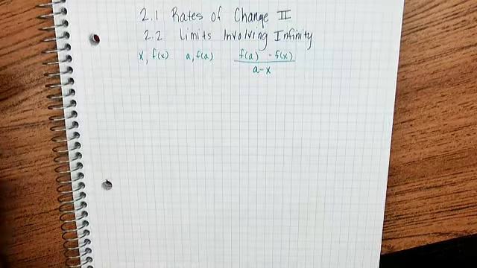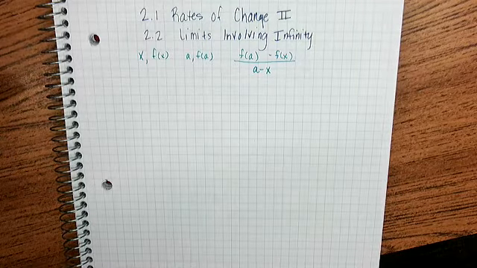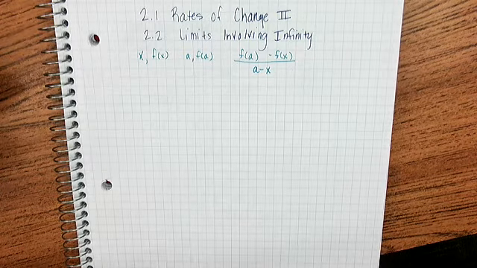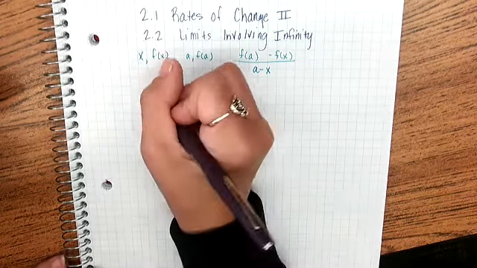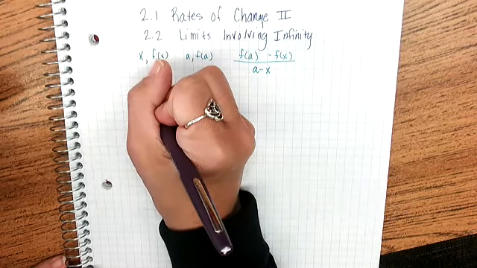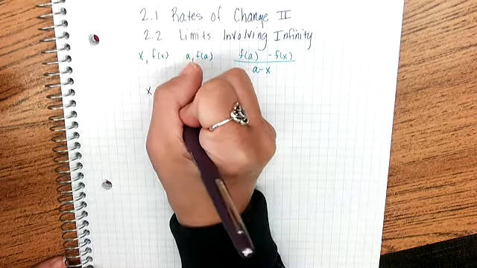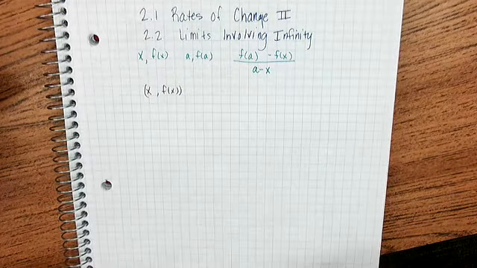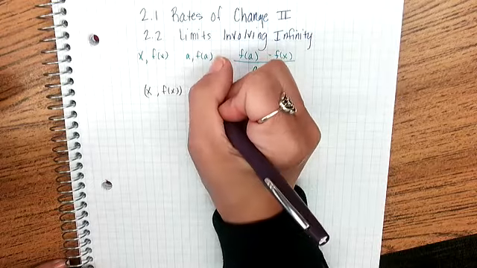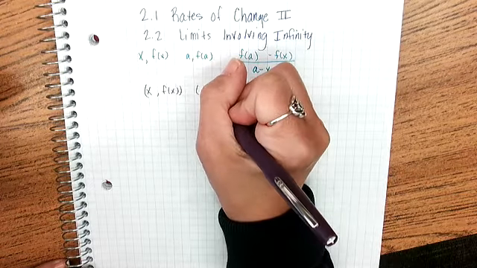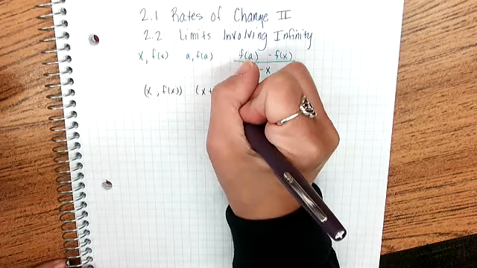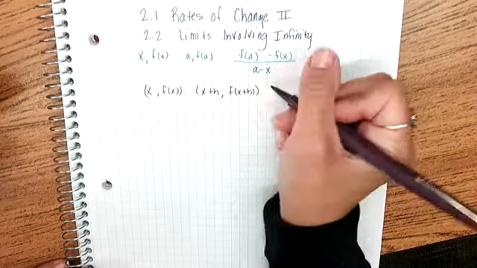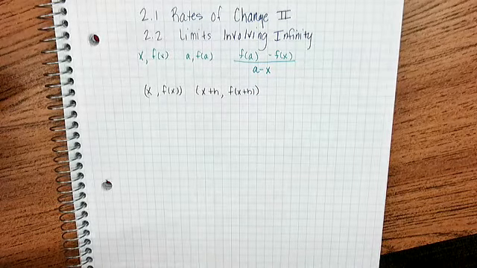Let's look at something more complex, of course. Instead of saying x and a for our 2 points, you have some point x, f of x. And instead of using a, let's use h. So you have some point x plus h, comma, f of x plus h. So what does this look like on a graph?